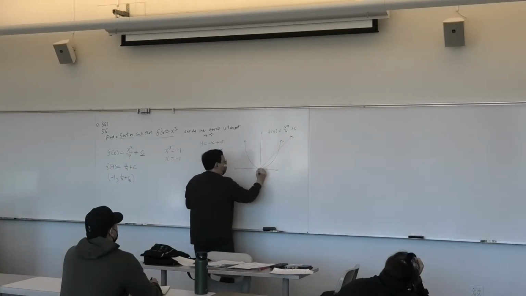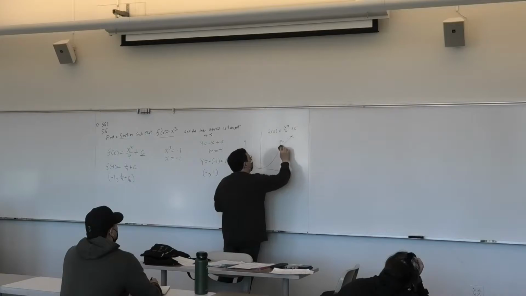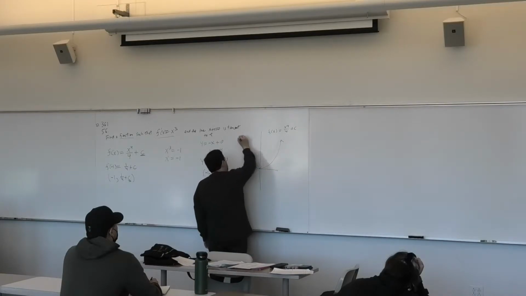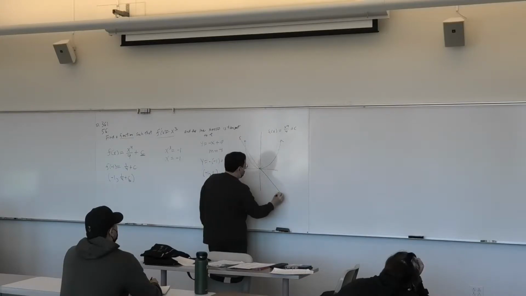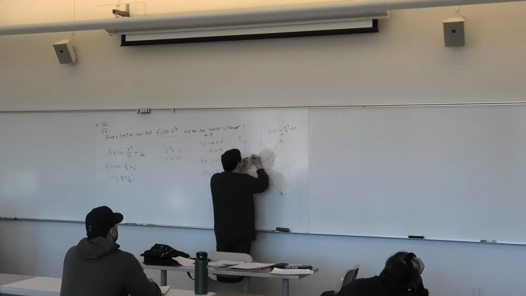And here's our y equals, well, y equals -x. Just want to get a feel for what this looks like. So we have to move this up and down so that we have a tangent at this point.